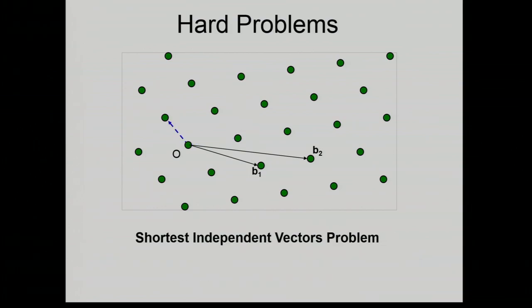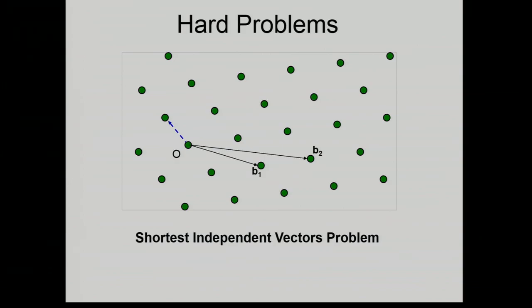One more thing, and I'll get going, and that is a different problem called the shortest independent vectors problem. Okay, so what is this creature? Well, look, we found the shortest vector in the lattice, and that is this guy. So let me ask you a question. What is the second shortest vector in the lattice? I'm not happy with one. Give me the second. What would that be?